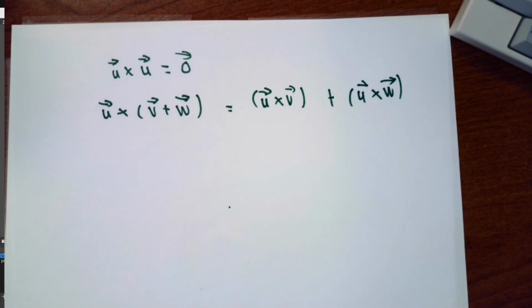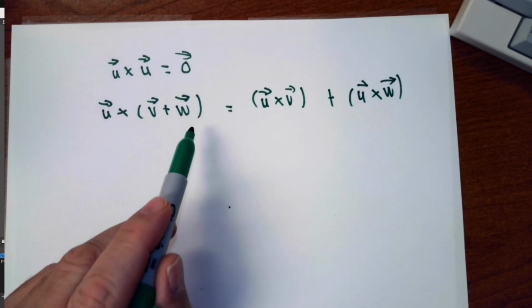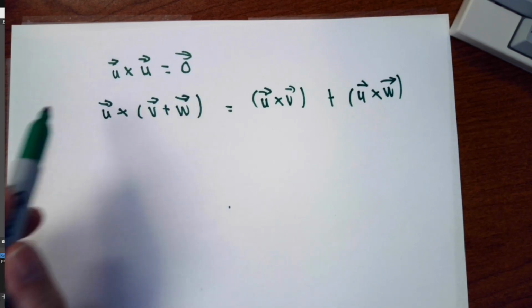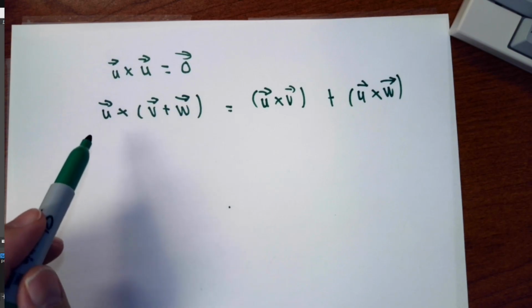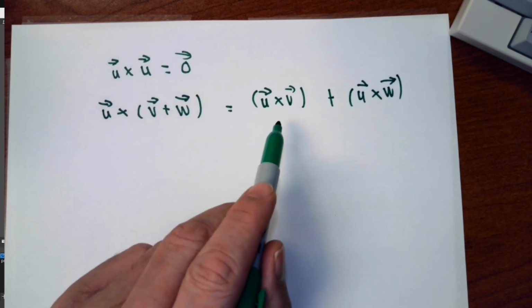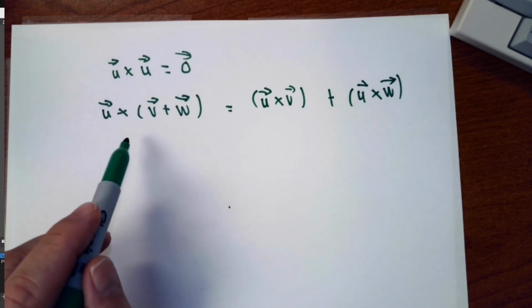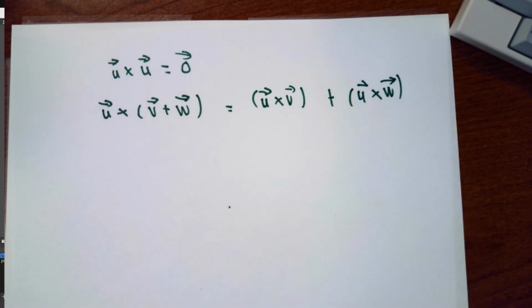Another fact that turns out always to be true is if I add two vectors together and then form the cross product with a third vector, it's always the same as U cross the first vector plus U cross the second vector.